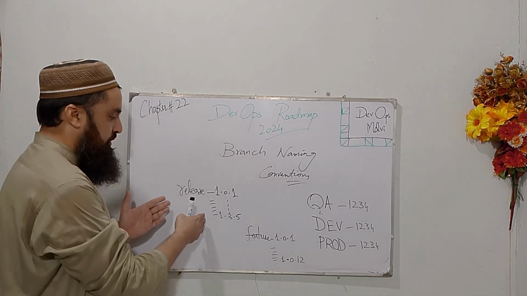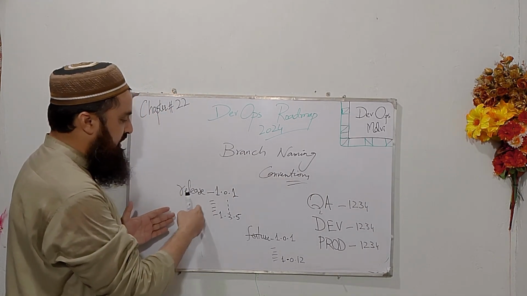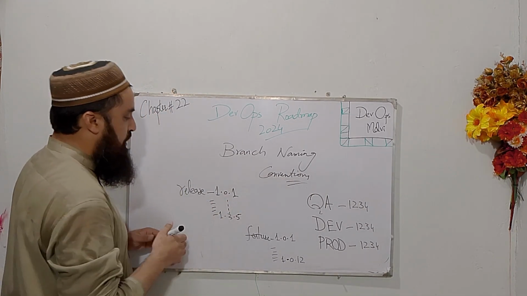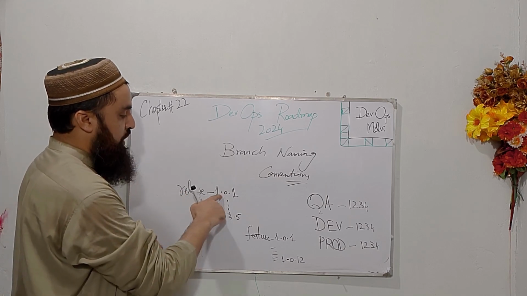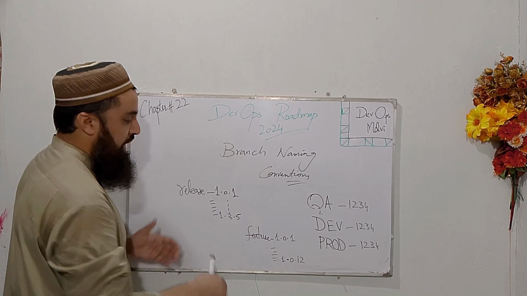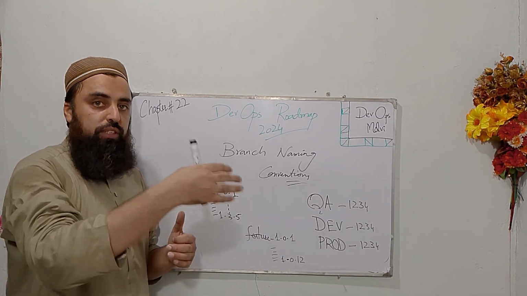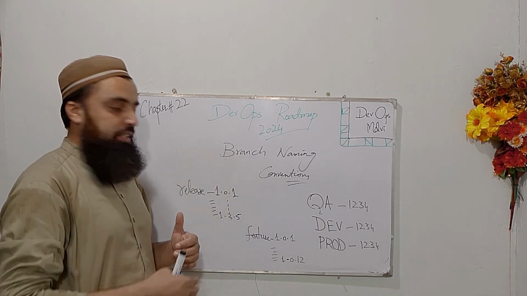And for releases, this is the proper format for how we should create release branches: 1.0.1, 2, 3, 4, and that's how we proceed further and start creating branches.